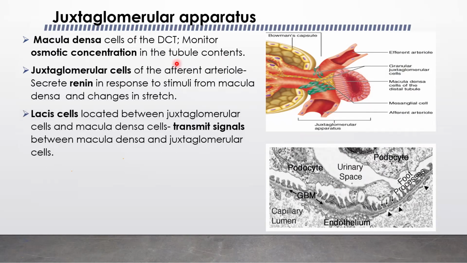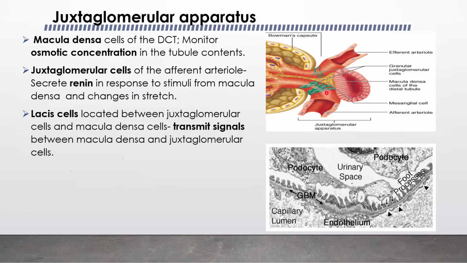The other cell types will be these lacis cells, or the extraglomerular mesangial cells. These are the cells that will be found in between the macula densa and the juxtaglomerular cells.